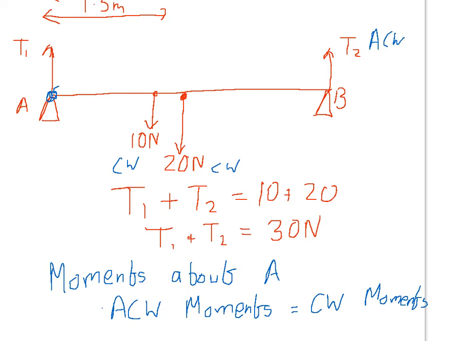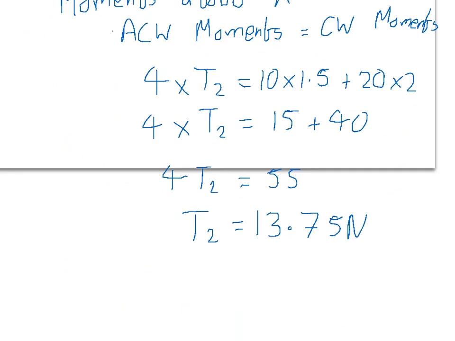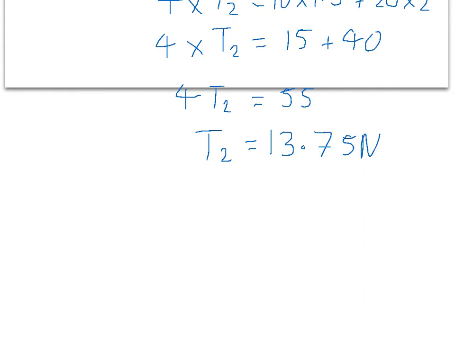So we now know the tension in T2, and earlier on we wrote down an equation which was T1 plus T2 equals 30 newtons. So if we know T2, which is 13.75, we can now find T1. So, last step is sub T2 into T1 plus T2 equals 30.